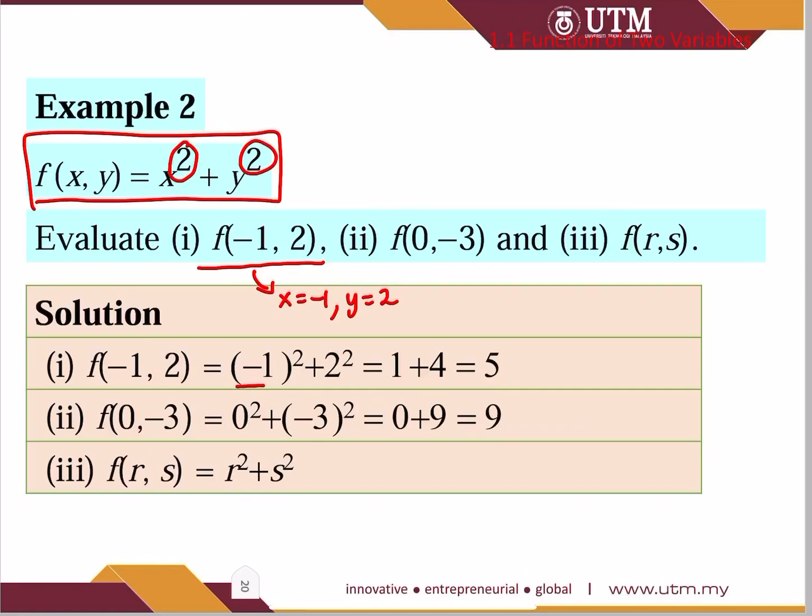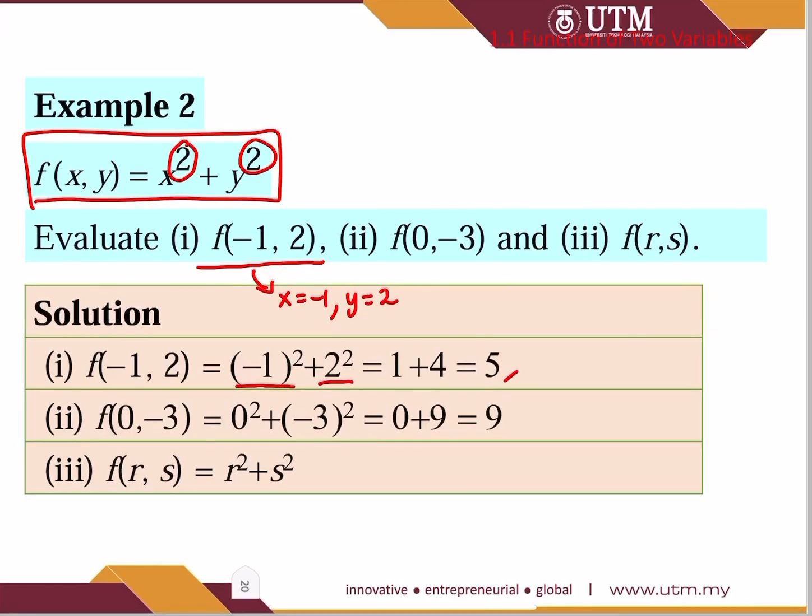So for x squared we put negative 1 squared, and for y squared we put 2 squared, so that will be 1 plus 4 is equal to 5. For (0, -3), we substitute x equal to 0, y equal to minus 3 into the function, it will be 0 squared plus minus 3 squared, and we will obtain 9. For (r, s), we just replace x squared with r squared and y squared with s squared. So this is the answer.